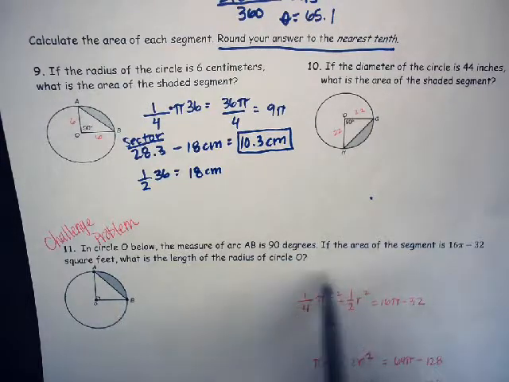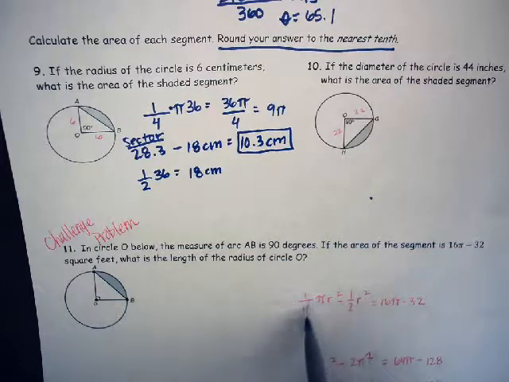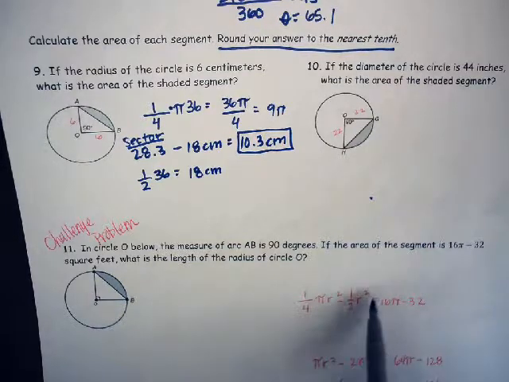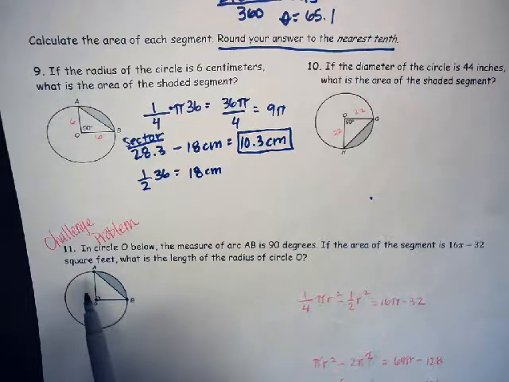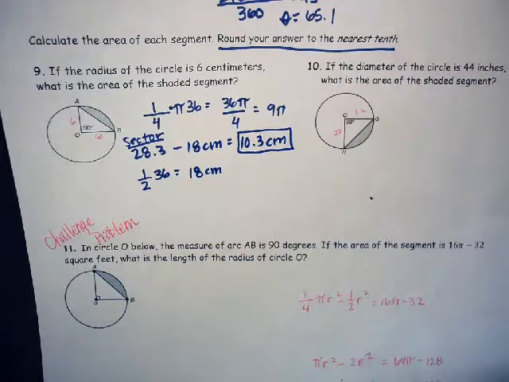And then on this side I have 1/4, that's 90 over 360 reduced to 1/4, pi radius squared, minus, now this is the equation to find the area of a triangle, so it's 1/2 the base times the height. Well, the base and the height are both just the radius, so 1/2 r squared.